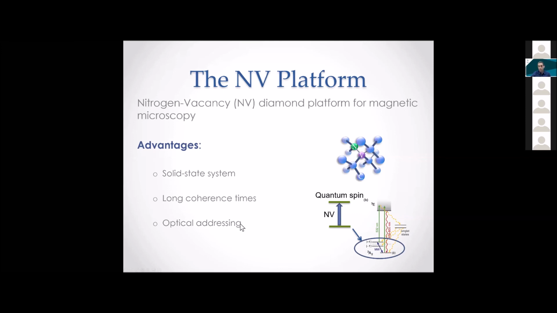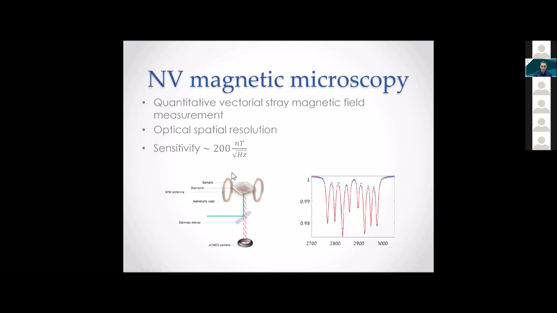And finally, the word microscopy suggests that we have the advantage of optically addressing these defects, and importantly, we can get information on the spin properties of these defects optically. That allows us to build up a system that essentially looks like what you see in the cartoon on the left.